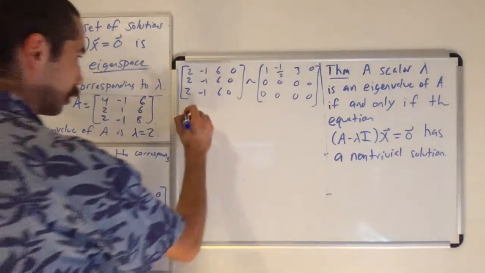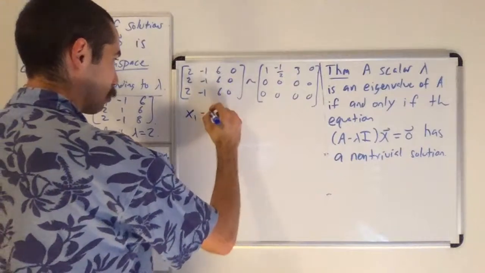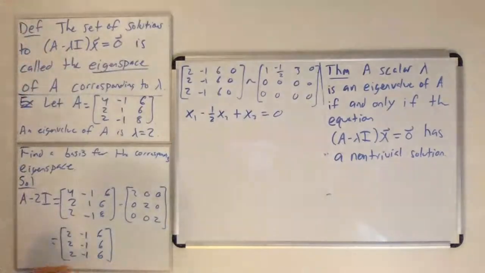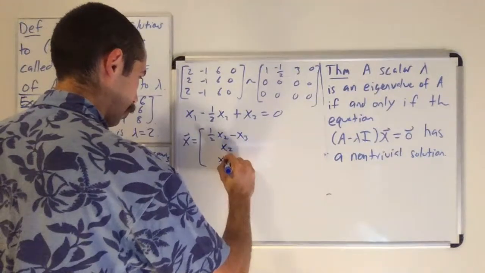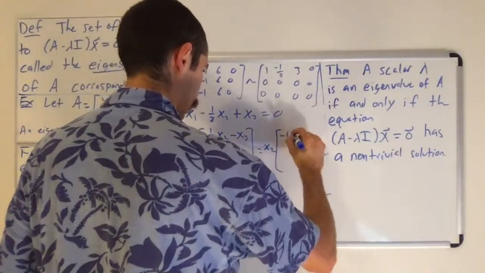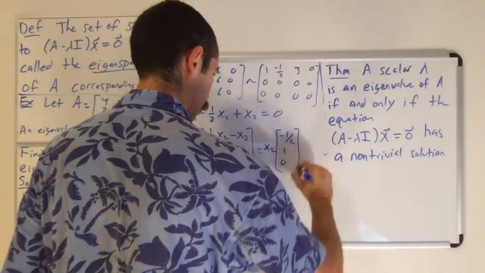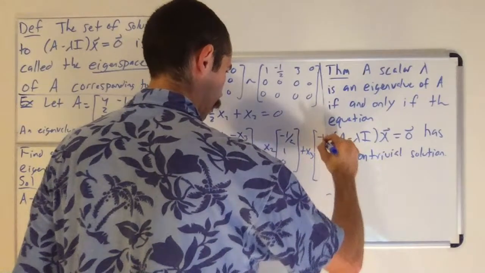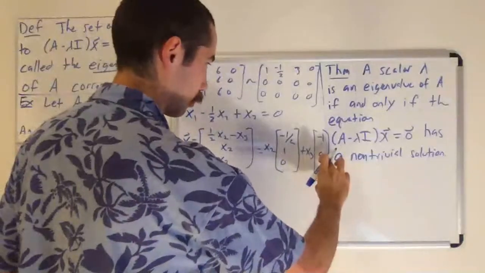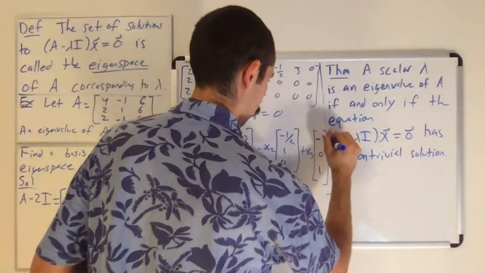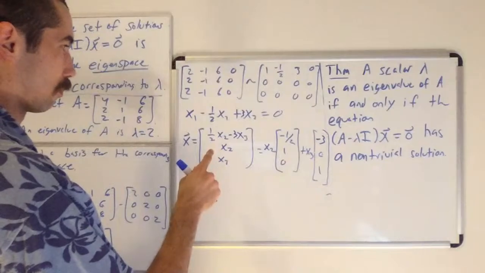And we get that x1 minus 1/2 x2 plus x3 equals 0. Sorry, this should be a plus.